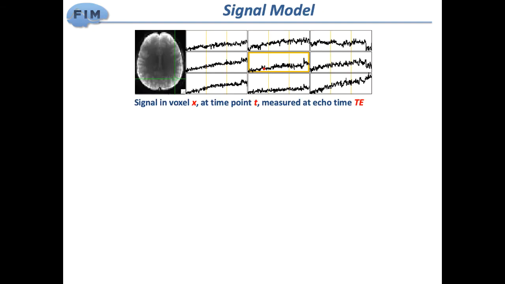So in order to understand what we can do with this data, I'm sorry I'm going to have to throw one formula, but it's the only one, just so we can have a little bit of a discussion of how the data looks and what's in there. So here we have time series for 6 voxels, and basically the signal at a given voxel, at a given time point, and for a given echo looks like this, mathematically speaking. And this has two clear components.